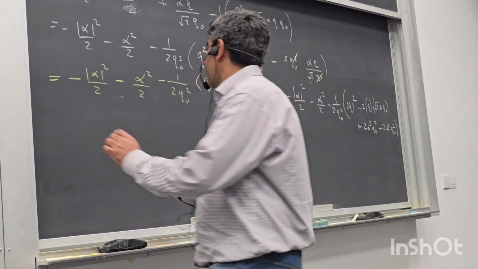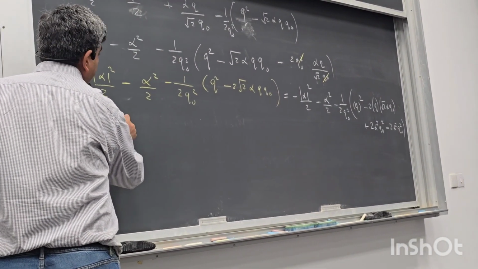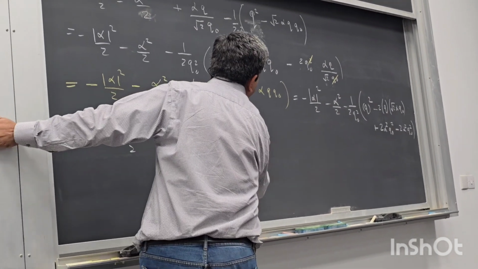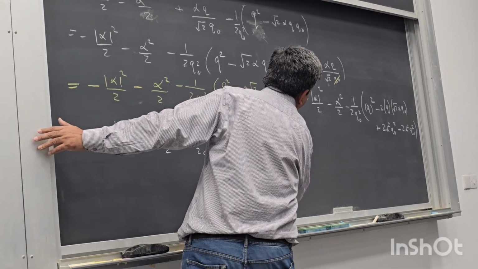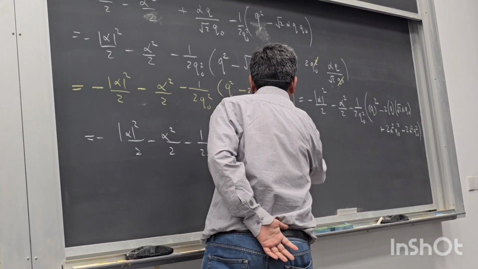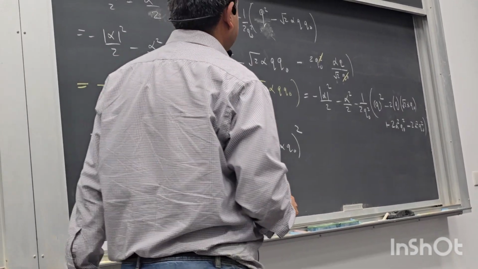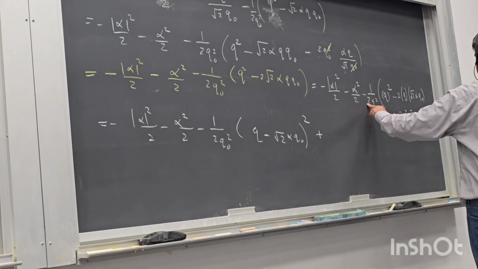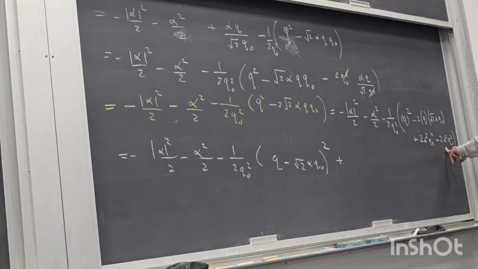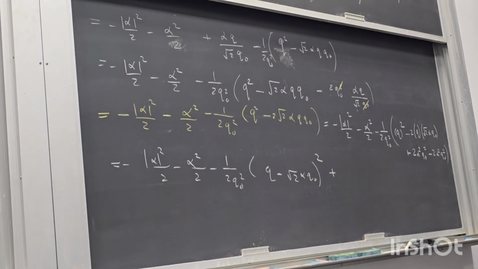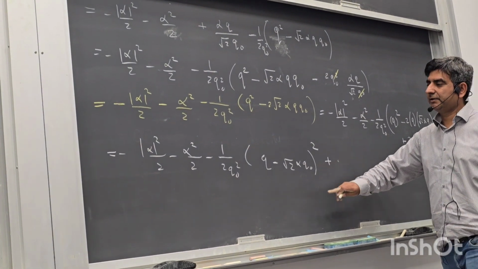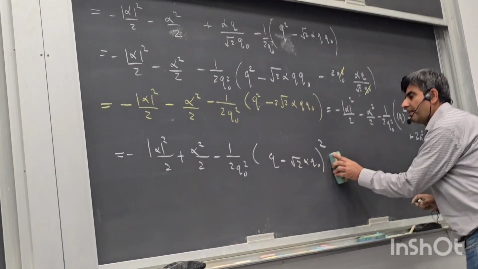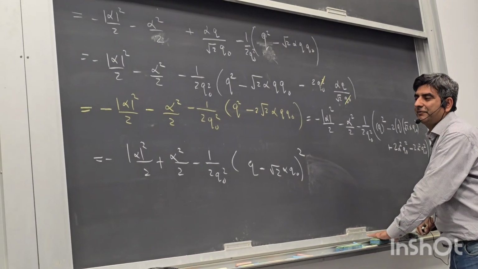This becomes minus alpha mod square over 2 minus alpha square over 2 minus 1 over 2 q naught square. This becomes q minus under root 2 alpha q naught squared plus alpha square minus alpha square, this becomes plus alpha square. Right? So this is my final result.